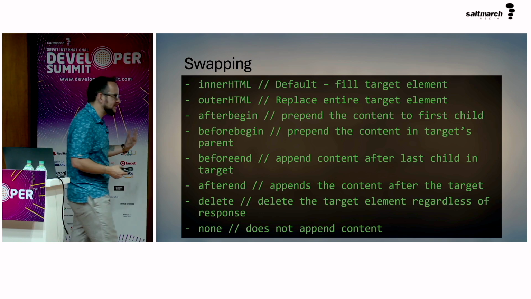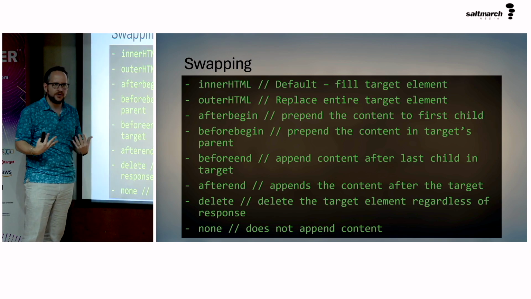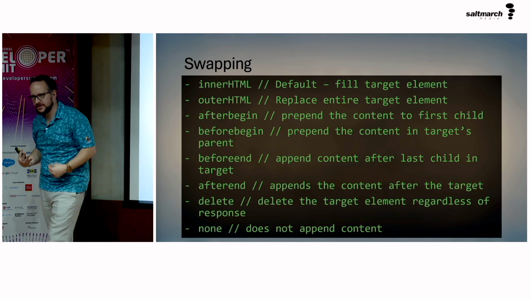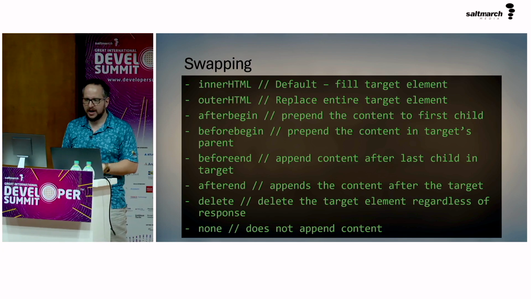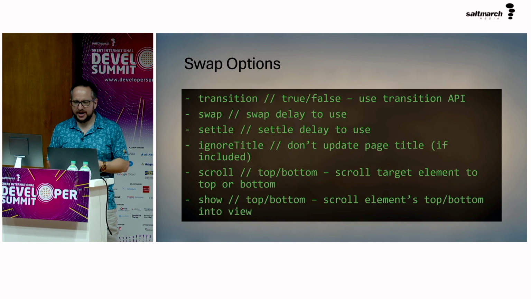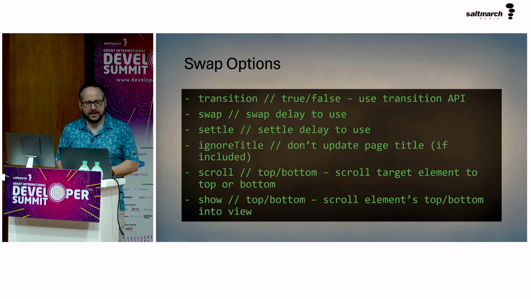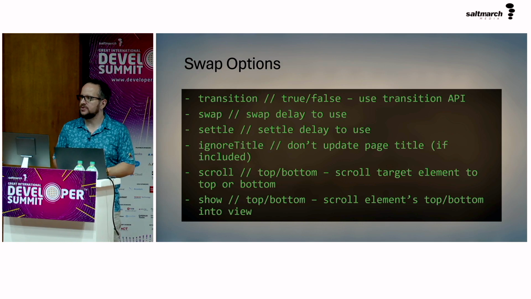By default, it does inner HTML, so it'll just put the contents of the response in the component that you're targeting or in the component that you turn into a hypermedia control. I used outer HTML. There's a bunch of options in here, but generally inner HTML, outer HTML is often quite common. And then there are also options that you can use in here as well.